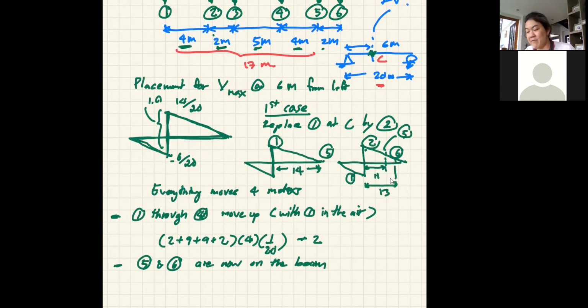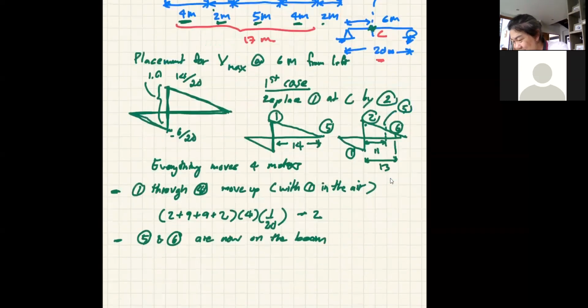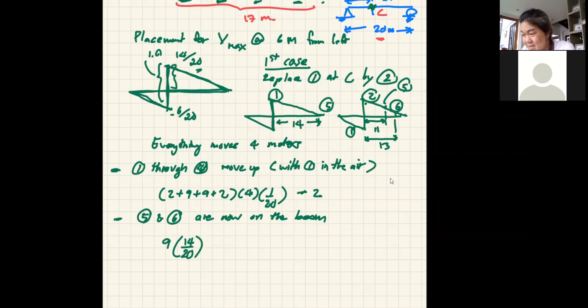So the presence of load number 5 will give us a positive shear equal to the load itself, 9 tons, and this ordinate is 14/20. That's the height, correct? Now, that is also 14 meters long, but load number 5 from load number 2 is 11, so this distance is 3, correct? So that has to be multiplied by 3/14.